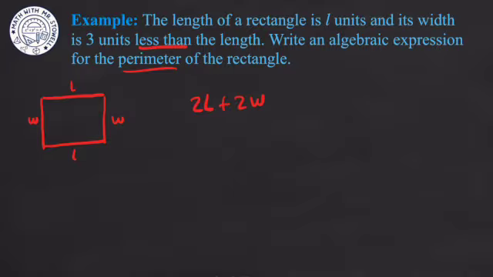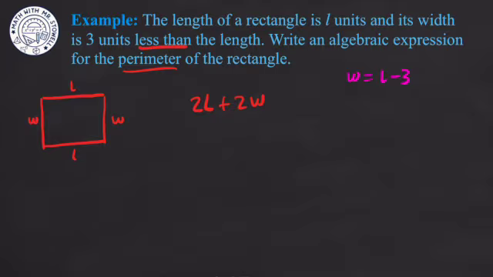We are told that the length is L units and the width is 3 units less than the length. So we are going to go length minus 3, because whatever the length is, we are going to subtract 3 to end up with the width. 3 units less than the length.